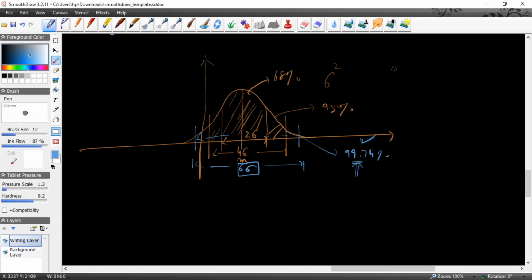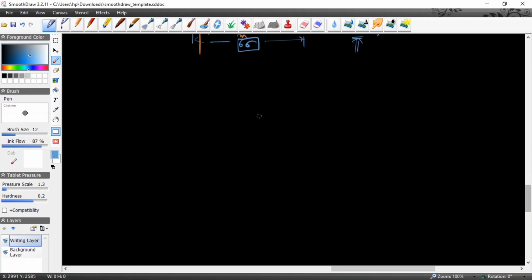So suppose we have a mean of 2 and a variance of 1.